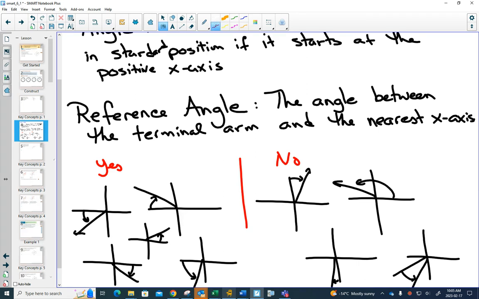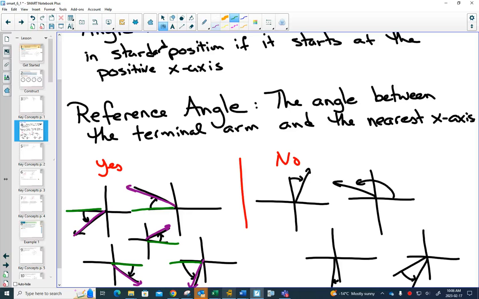So what I'm going to do on all of the yes ones is I'm going to draw the terminal arms. A terminal arm is where an angle ends. Terminal means end, so the terminal arm is where the angle ends. This is where each of the angles end. For all of the ones that were yes, the angle that was labeled was the angle between that terminal arm and the nearest x-axis.